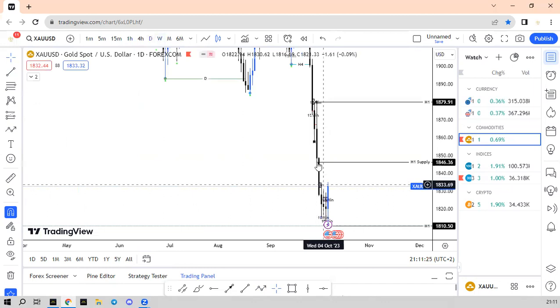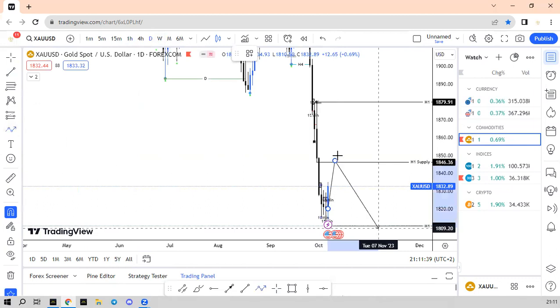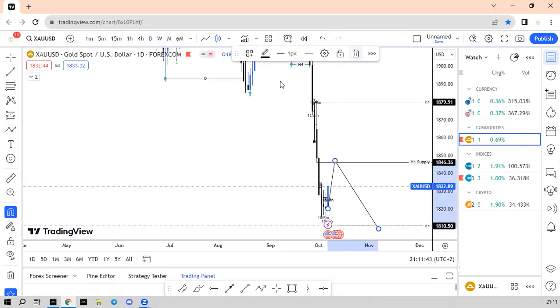However, we have this imbalance. So price can just take this week, then drop. You understand? However, this from here would be a good POI to sell from.